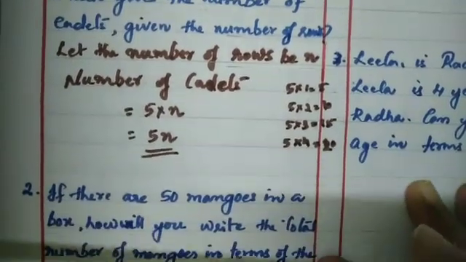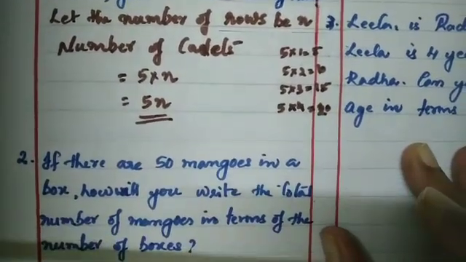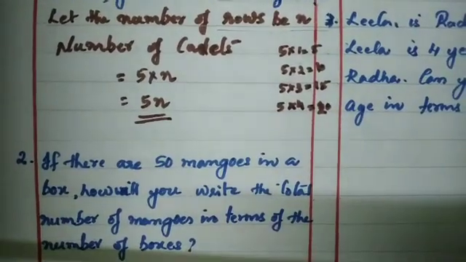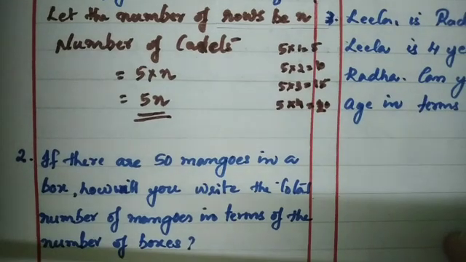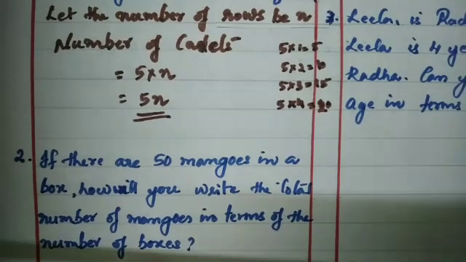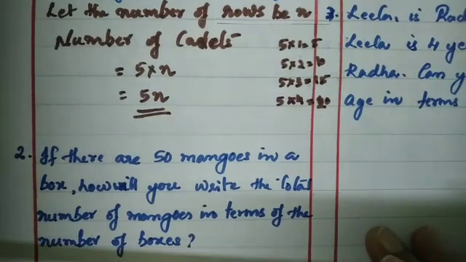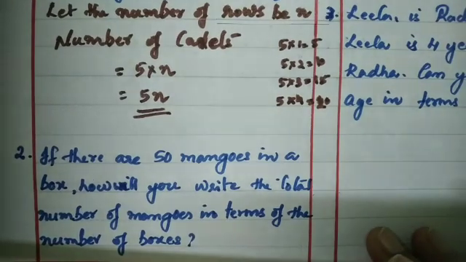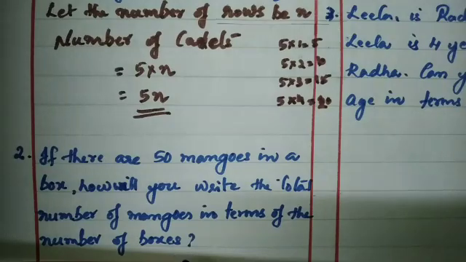The next question: if there are 50 mangoes in a box, how will you write the total number of mangoes in terms of the number of boxes? You have to find the number of mangoes in terms of the number of boxes. So here the number of boxes, let the number of boxes be small letter b.